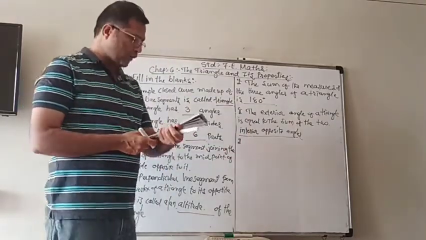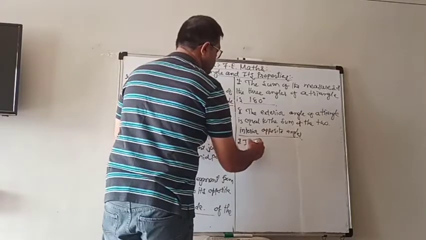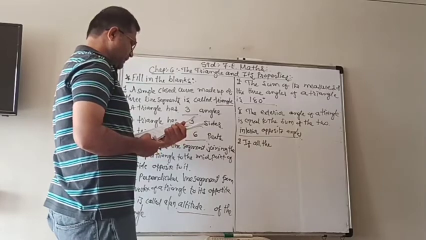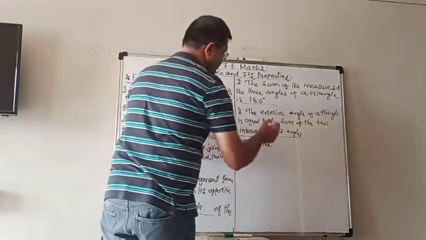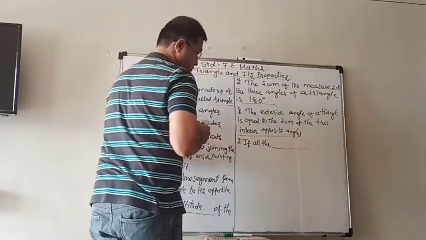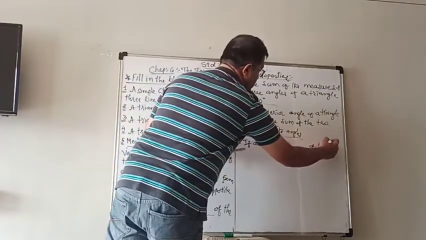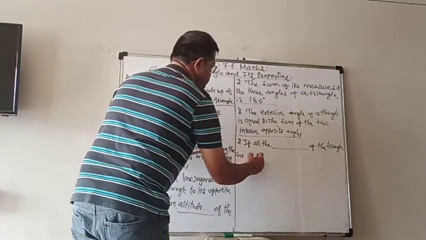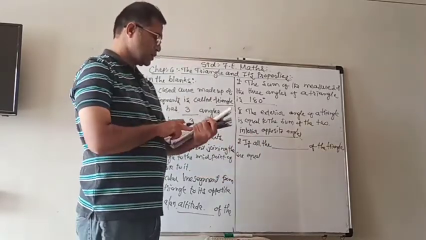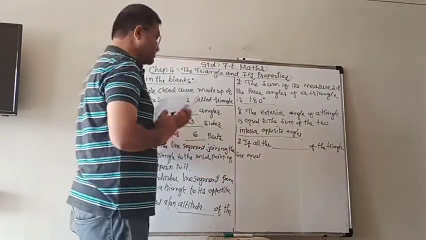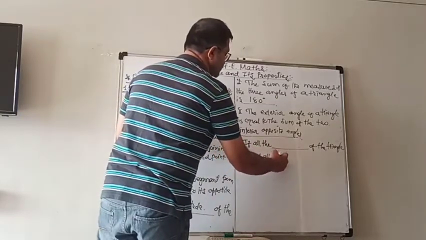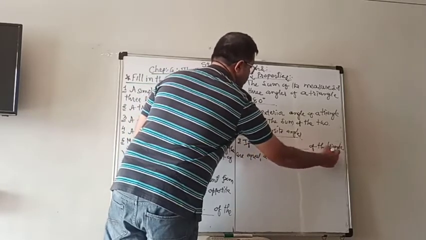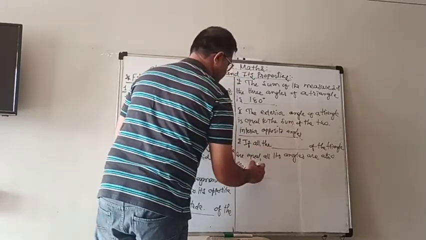Ninth. If all the blank of the triangle are equal, comma, all its angles are also equal.